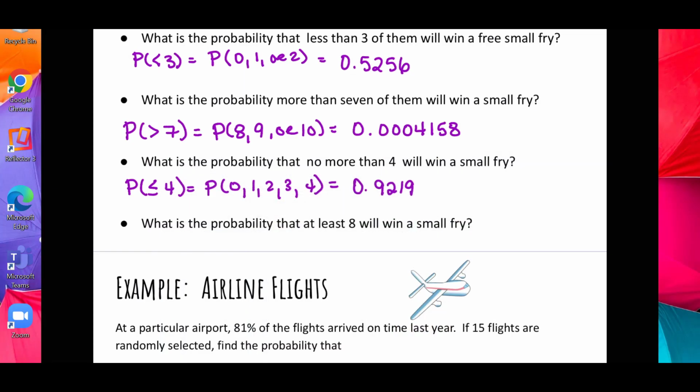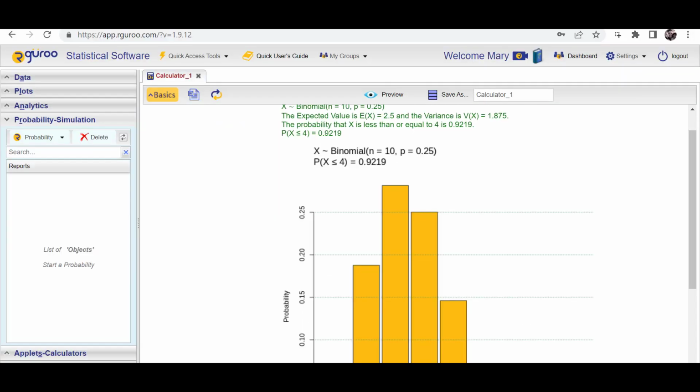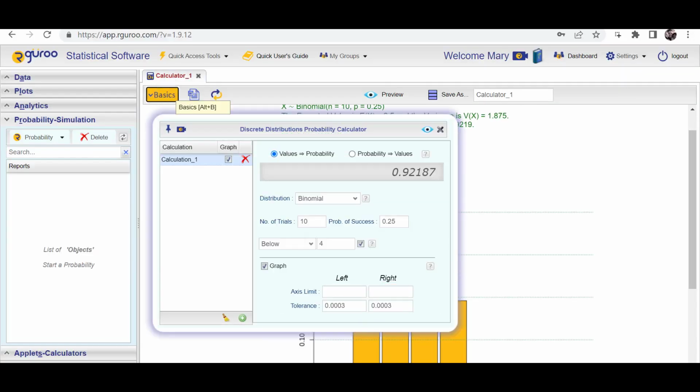And last, what's the probability of at least 8? The probability of at least 8 is greater than or equal to 8, which is the probability of 8, 9, or 10. And again, you could find the individual probabilities and add them up. Or you can just go back to our Rgruoo, excuse me, and we want above 8, including 8.